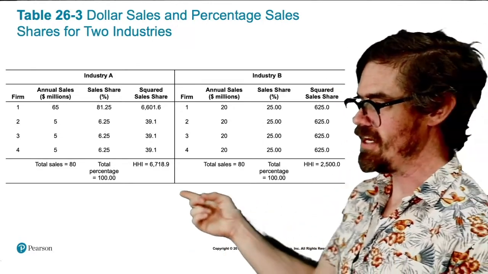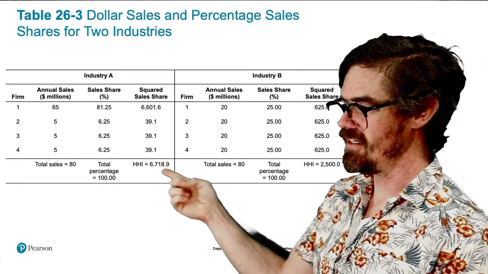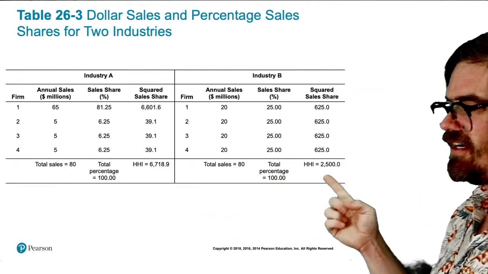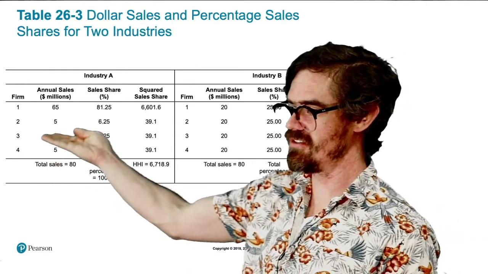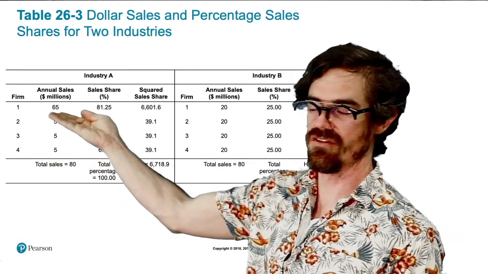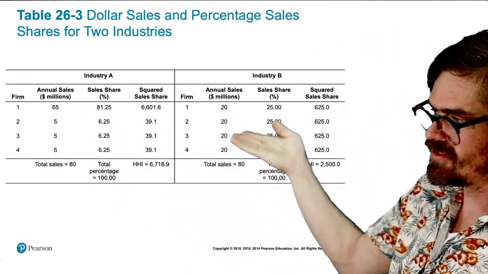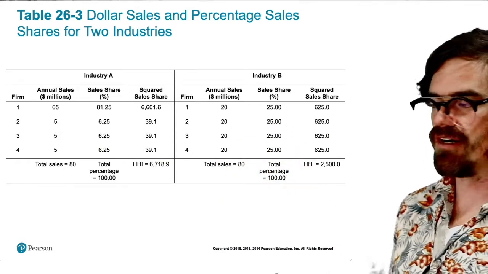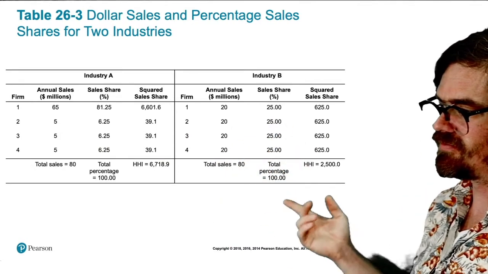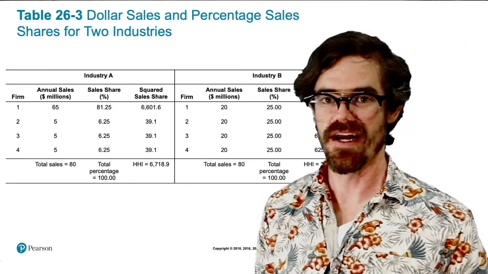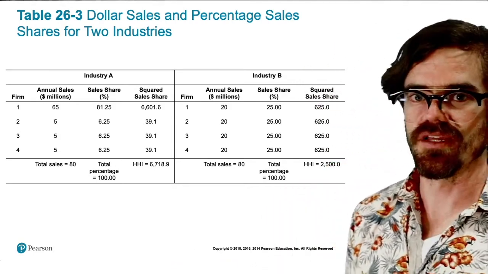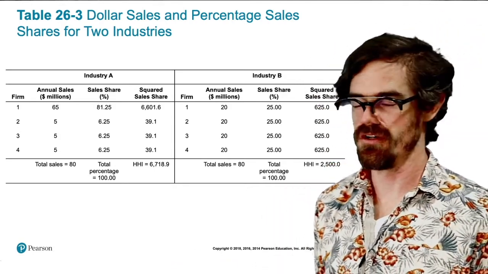The HHI here, you'll notice, is much higher than the HHI here, and it's because the sales are much more concentrated in a single firm rather than in this industry where there's a better balance and it's not as concentrated. So this is where the HHI has an advantage over just the plain old vanilla concentration ratio.